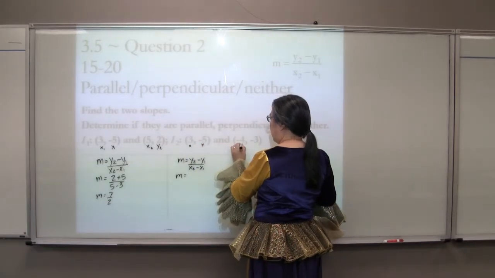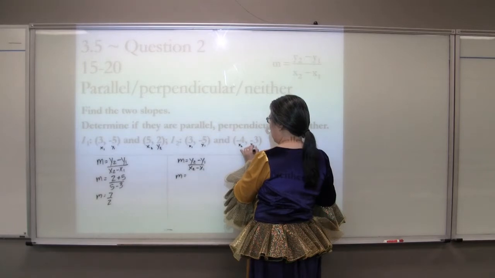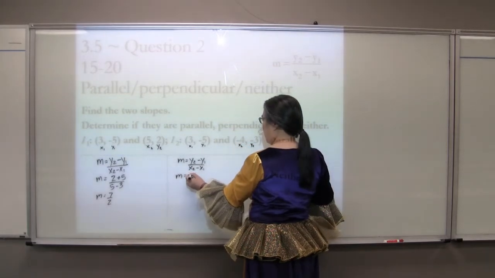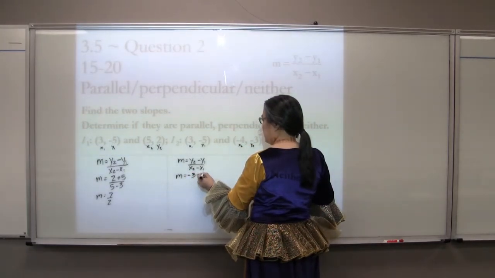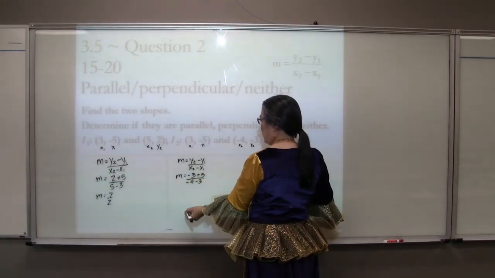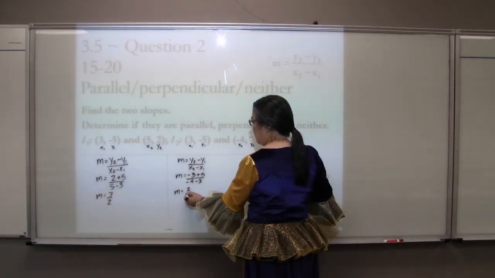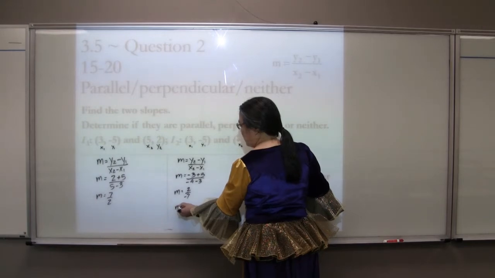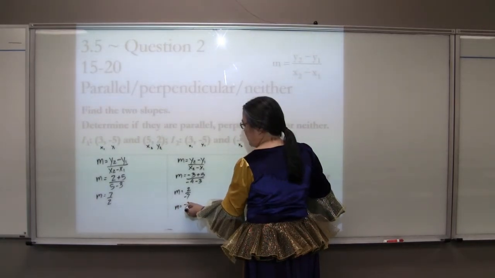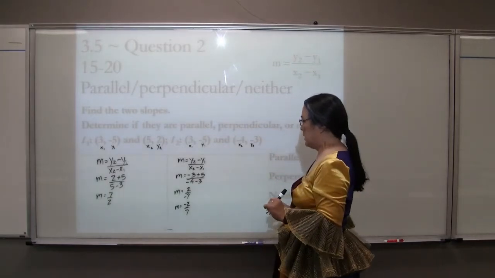X and Y, X and Y. First X and first Y, second X and second Y. So, plugging in Y minus -5 over X minus our X. And we get 2 and -7. Here we could actually go with -2 over 7 because we don't usually have the negative in the denominator.